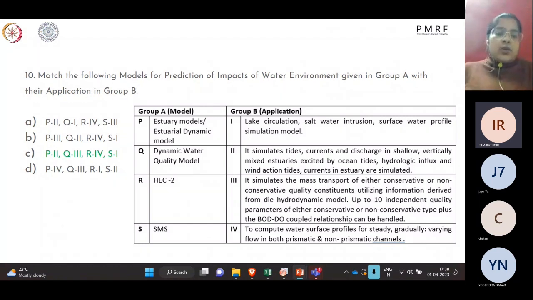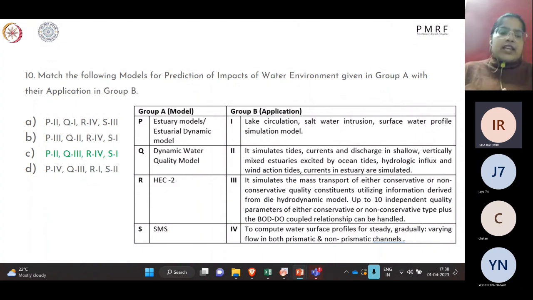And then dynamic water quality models are used for simulating the mass transport of either conservative or non-conservative quality constituents, utilizing the information which is derived from the hydrodynamic model. And you can model up to 10 independent quality parameters, which can be coupled to determine the relationship for all of them together. So this is again a dynamic model where you can model up to 10 different parameters and see the effect.